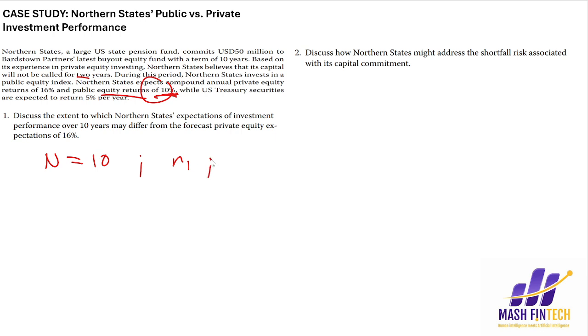And then after deployment, it's just the total N years minus N1. Okay. So the compounded return in this instance, you're going to take the interest from this public market return, and then you raise it to the power of n.